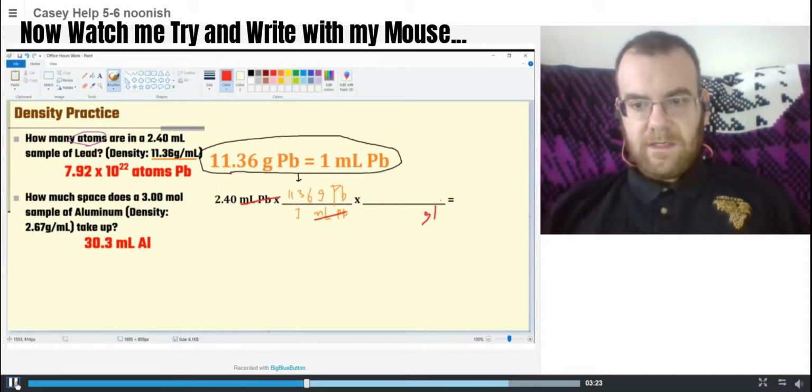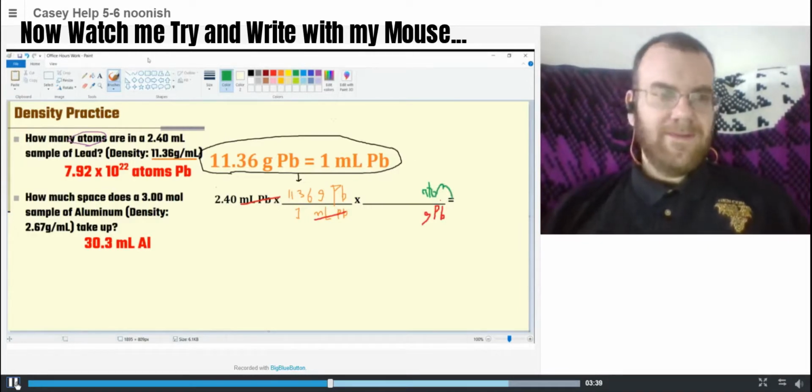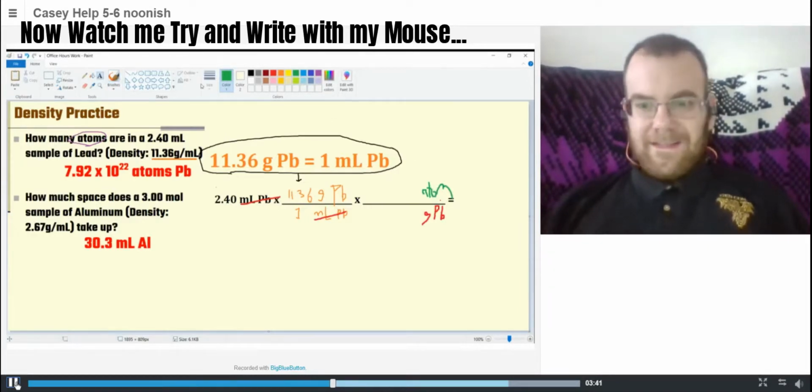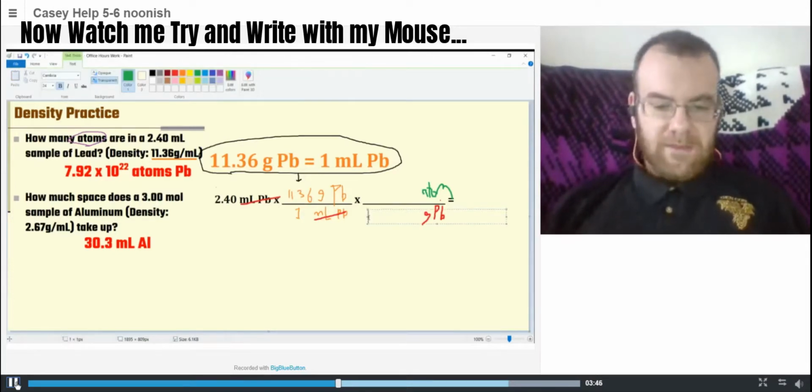Now this problem wants it to be in atoms. In that case, it's not too bad. We can just go from grams to atoms using a simple mole conversion like we've done before. When we look at lead, we can look that up on the periodic table.